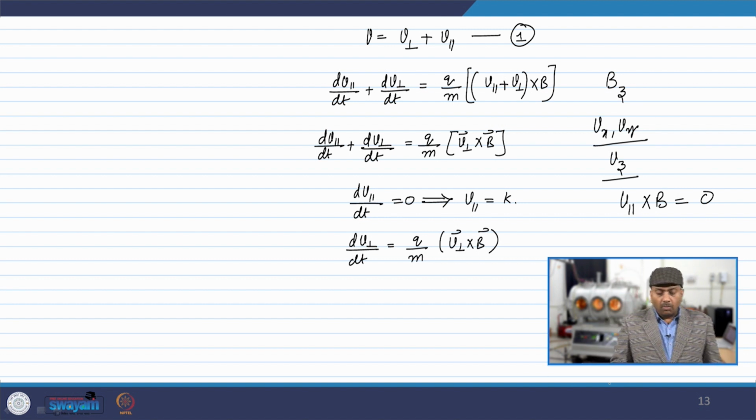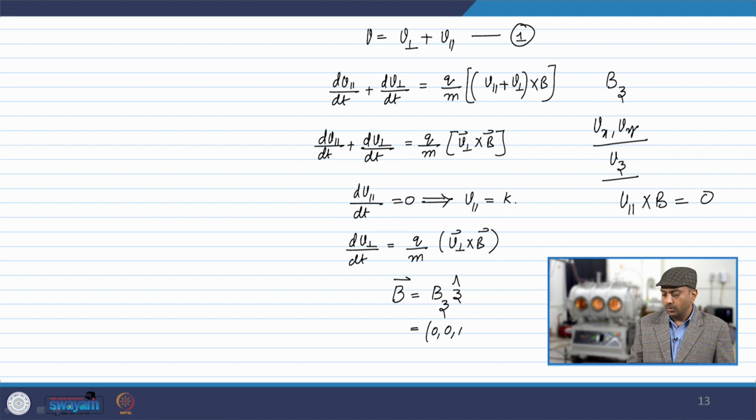To find out the nature of motion under the influence of this type of magnetic field, let us consider the magnetic field B. The configuration is Bz along z cap, which means we have 0, 0, Bz, like this.